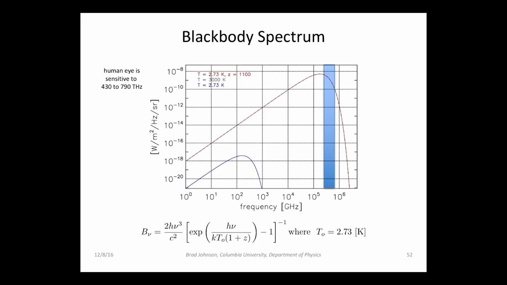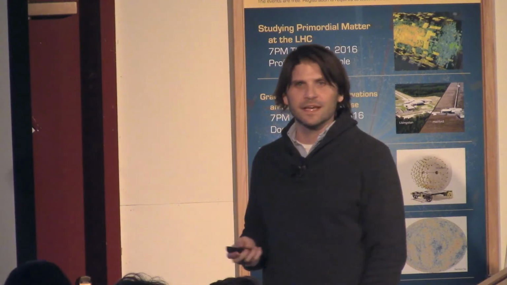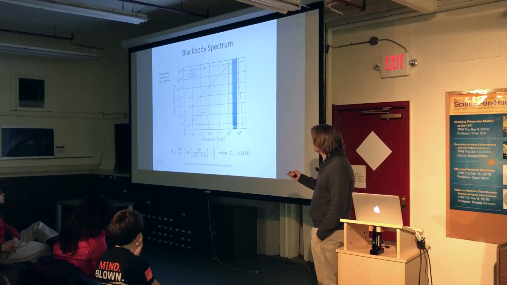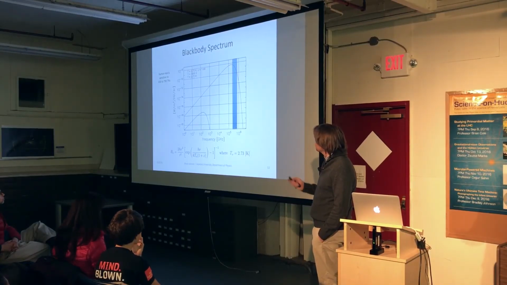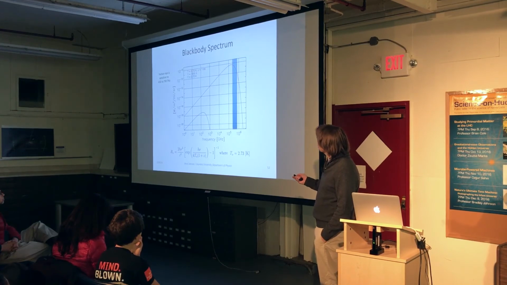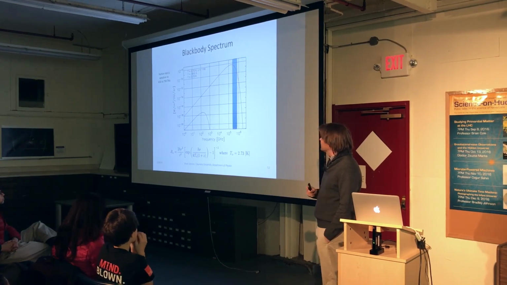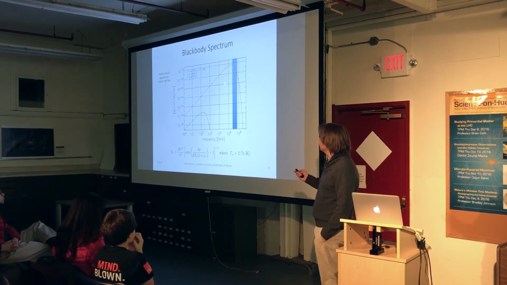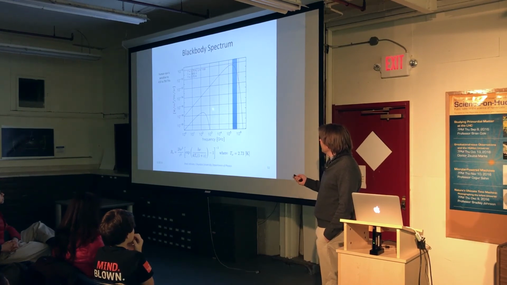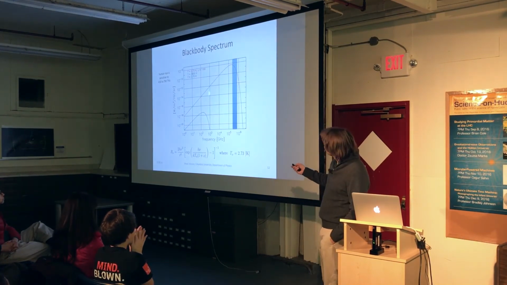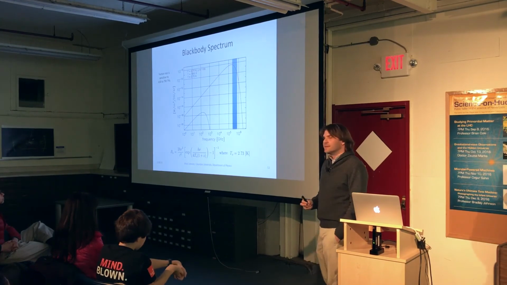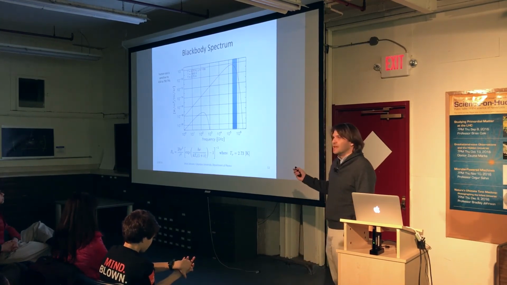These appear to you as colors. So a different frequency looks like a different color. So as you go across this box here, you're seeing different colors. Okay, so you can very nicely see with your eye a 3,000 Kelvin body, right? But what's happening is this is the early universe, right? It's very hot, and therefore this is what you have.